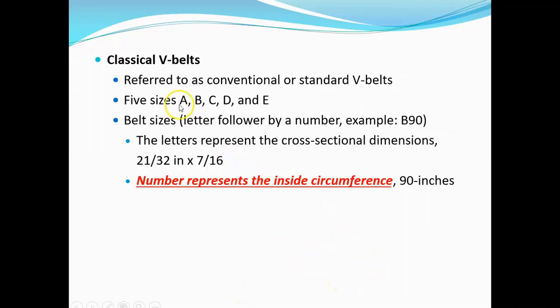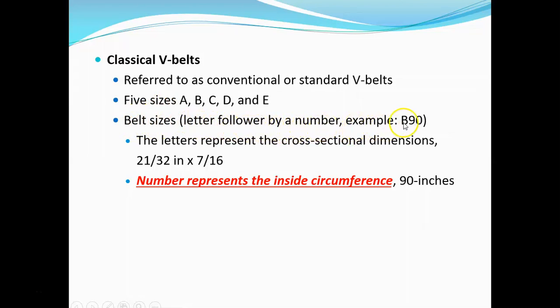So here we have the classical V-belt, and that was in that one slide where it showed the cross sections and that had the A, B, C, D, and E. So that's going to be your 5 cross section sizes, A, B, C, D, or E. The classical V-belts you may hear referred to as conventional or standard V-belts. We're going to look at the sizing: the belt size, the letter followed by a number.